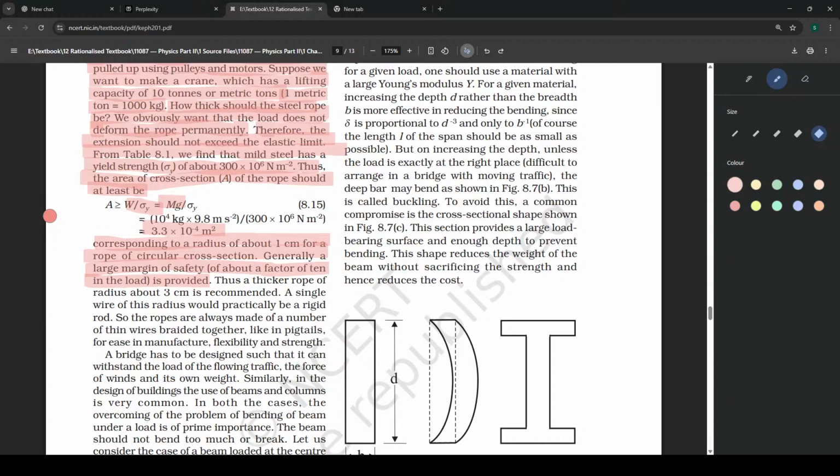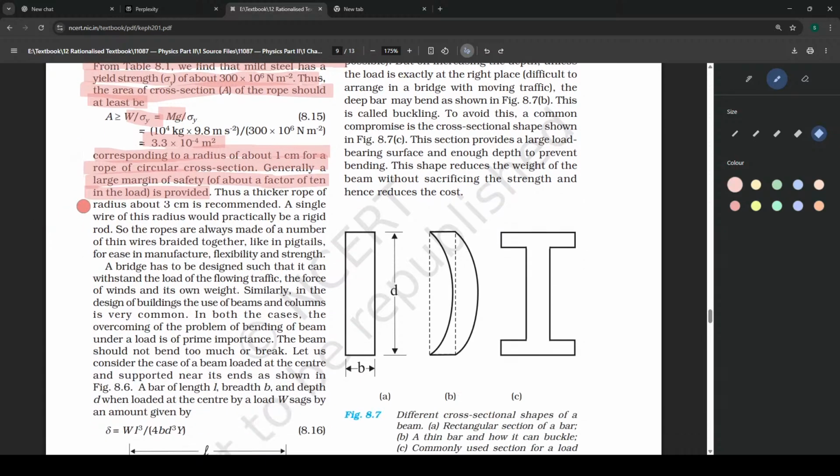So a large safety precaution is followed with the crane: although it only needs to lift 10 tons, its wire will be made in such a way that it can carry 100 tons, a factor of 10 in the load. Thus a thicker rope of radius about 3 centimeters is recommended.